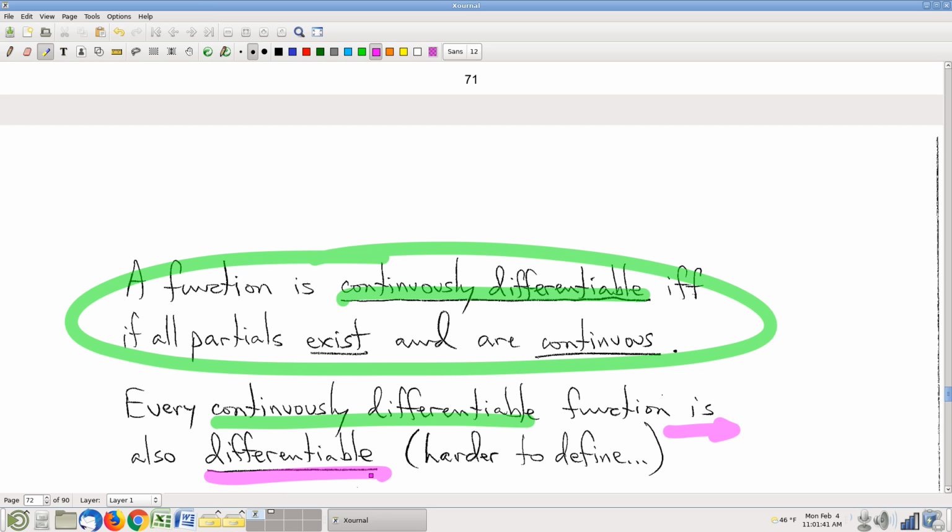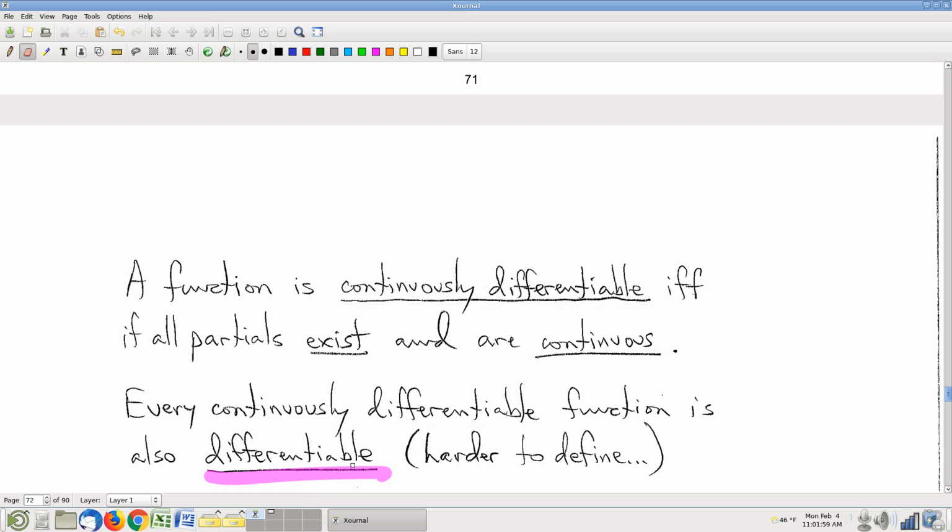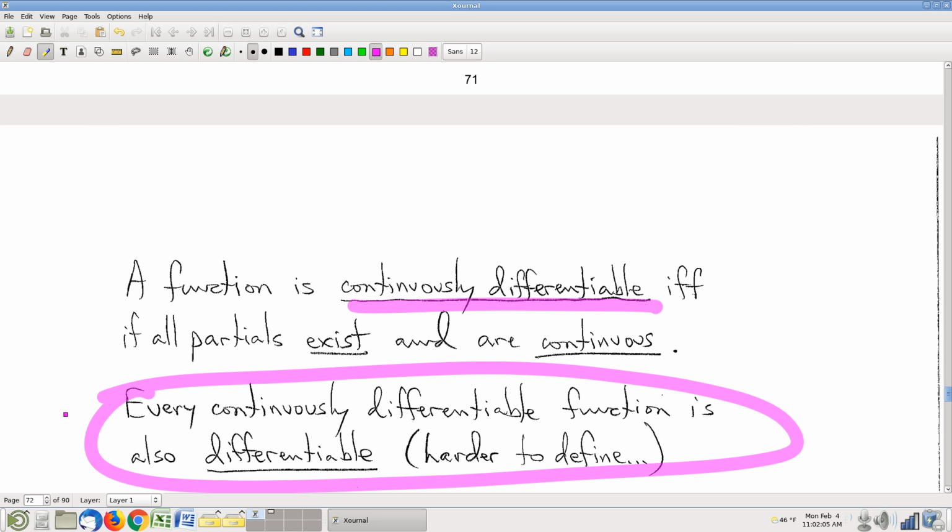And once you check that, you immediately know it's differentiable, and exactly what differentiable means, we can't write that down. It's hard. But the point is, you can confirm it pretty directly. Okay, so it's a great trick. Make sure to understand this trick about continuous differentiability and how that implies differentiability.